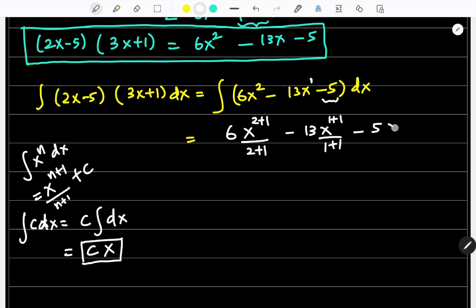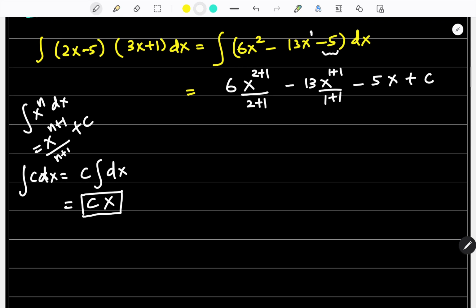So here you have 5, integration will be what? 5x plus integrating constant C. You can add C in the final answer also, not at all a problem. So this equals 6x to the power of 2 plus 1 is what? 3 divided by 3 minus 13x to the power of 2 divided by 2 minus 5x plus C.